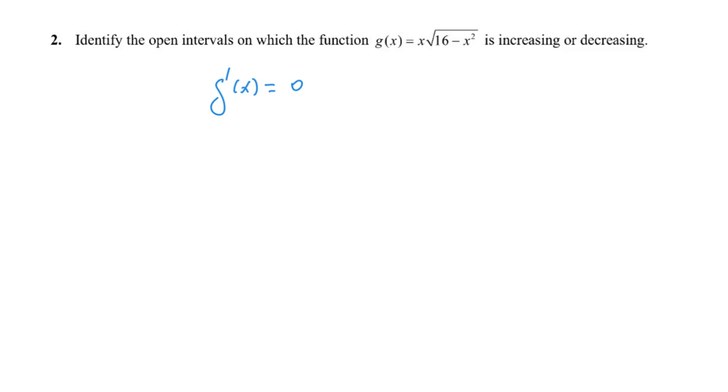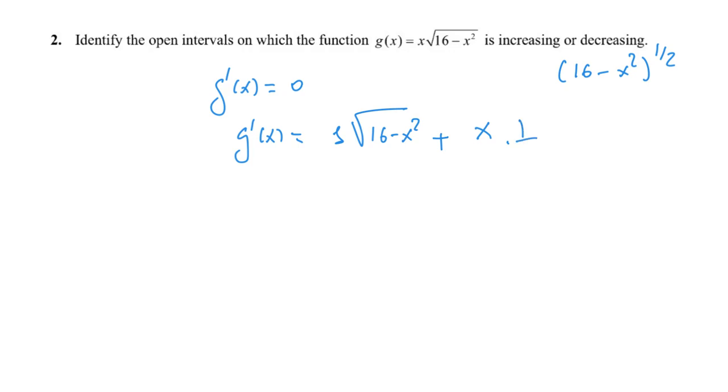So g prime of x, what is g prime of x? g prime of x is the derivative of the first, 1, multiplied by the second, 60 minus x squared, plus the first multiplied by the derivative of the second. The second can be written as 60 minus x squared to the power 1/2.